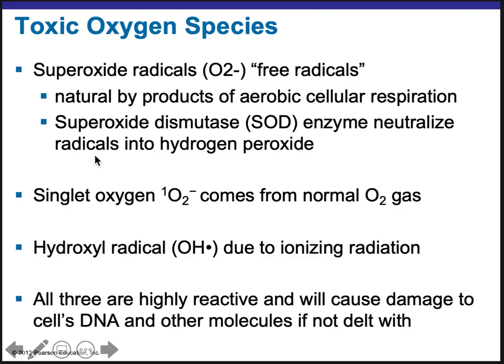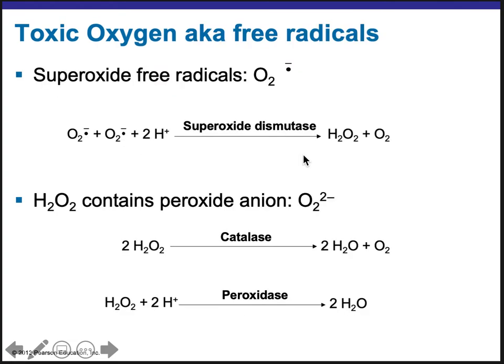And so they neutralize the radicals into hydrogen peroxide, which sounds great, like, oh, okay, problem solved. But not really, because hydrogen peroxide is also reactive, a little toxic, not as extreme as the free radicals, but still enough that we don't want it lying around, because it will dissociate in solution and form the peroxide anion.